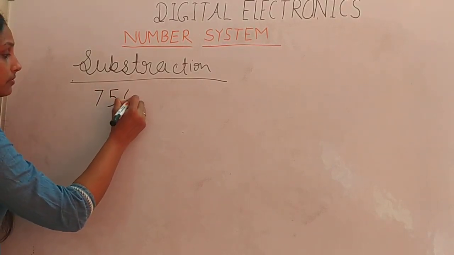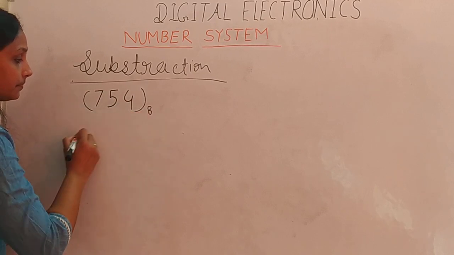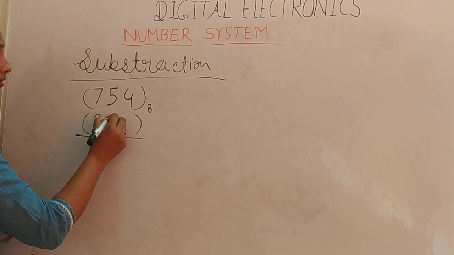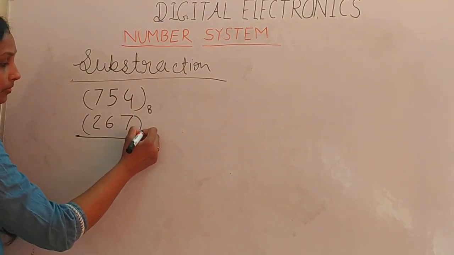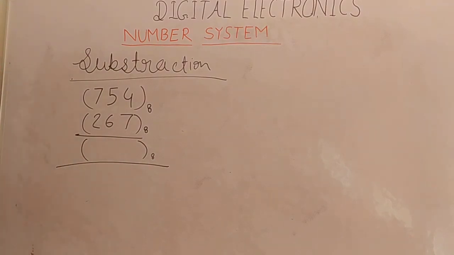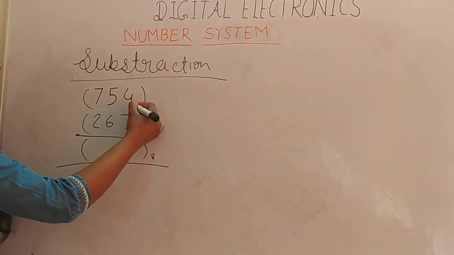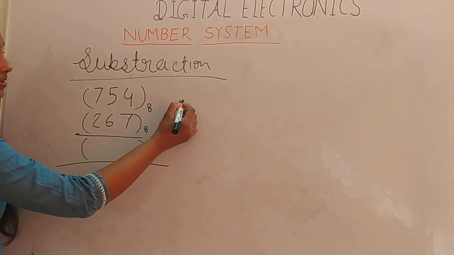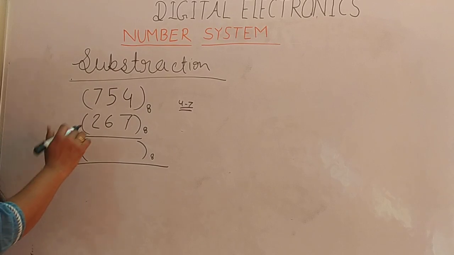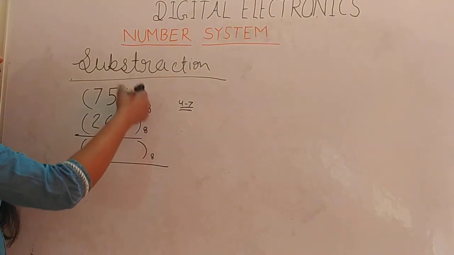Suppose we want to subtract 267 from 754 and we want the answer in octal. Here 4 minus 7 is not possible. If we were doing decimal, then we would assume 4 as 14.